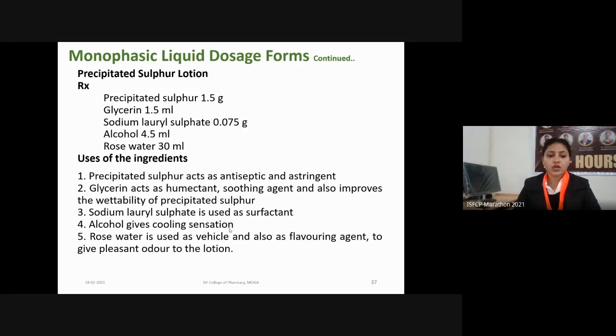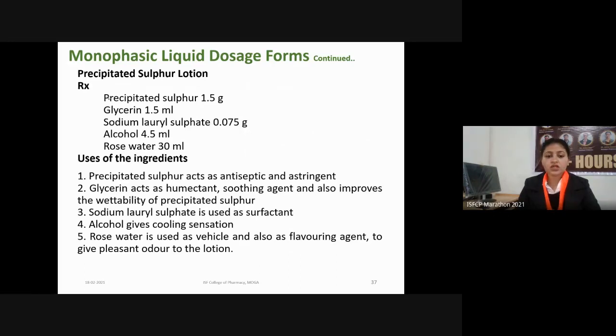Uses of these ingredients: the precipitated sulfur will act as an astringent or antiseptic. Next, the glycerine will act as a humectant and soothing agent, and also improves the wettability of the precipitated sulfur.